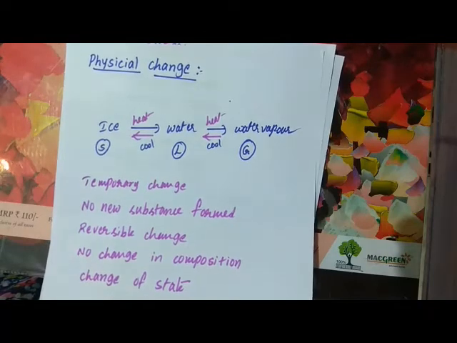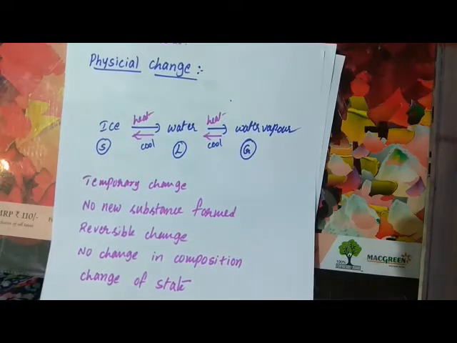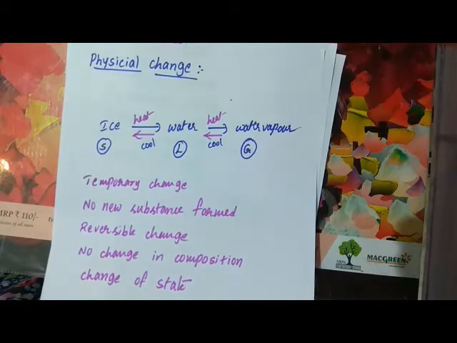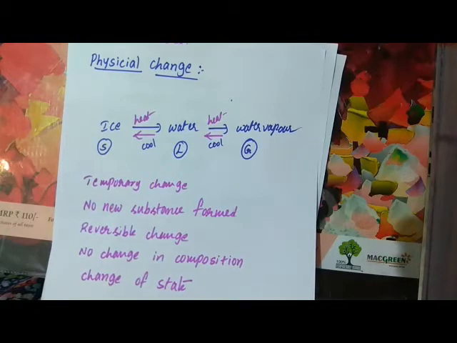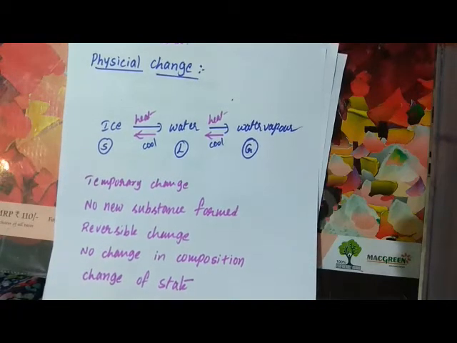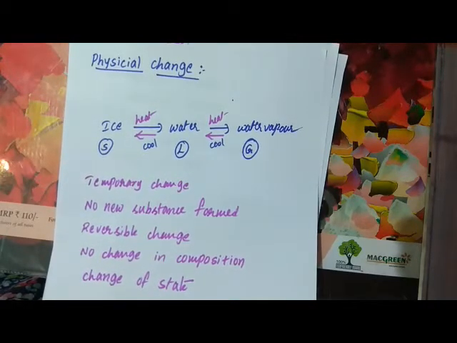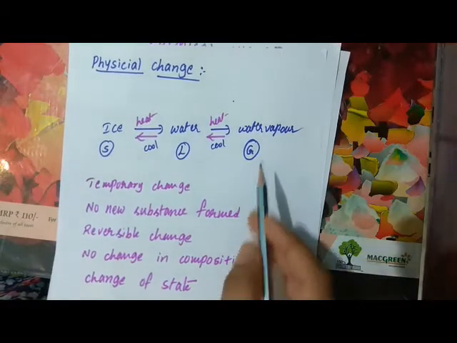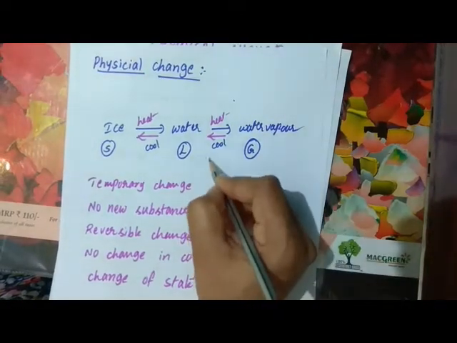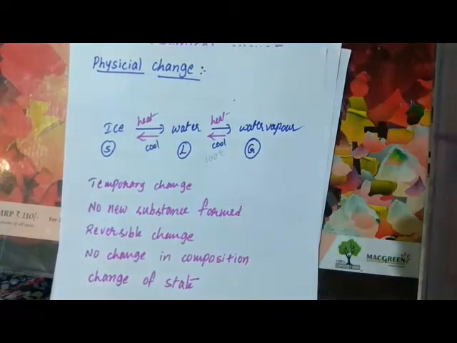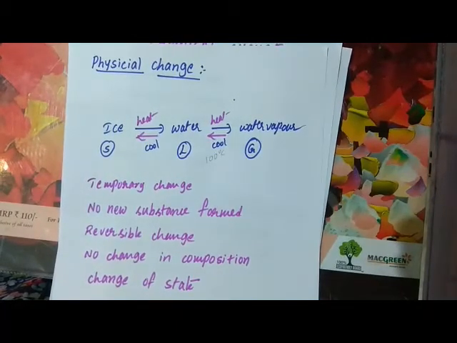Check the temperature at which it will convert into the water stage. Whenever you supply heat, ice will convert into water, water to water vapor. Whenever it starts boiling, the temperature generally, what will happen? At 100 degrees Celsius only, it is converted into vapor state.